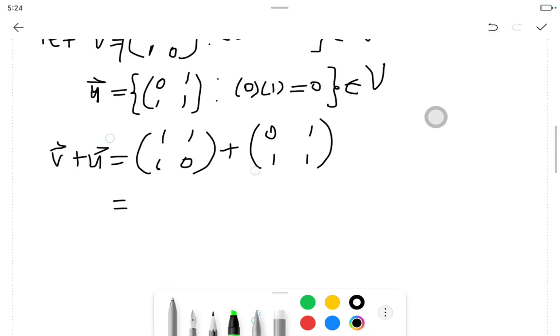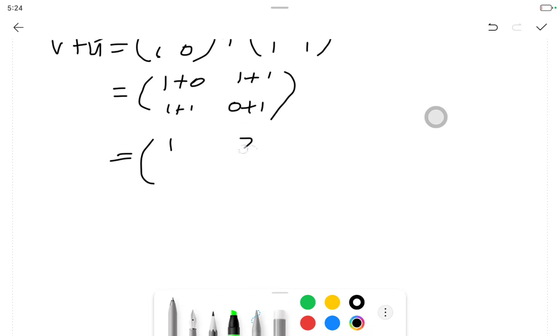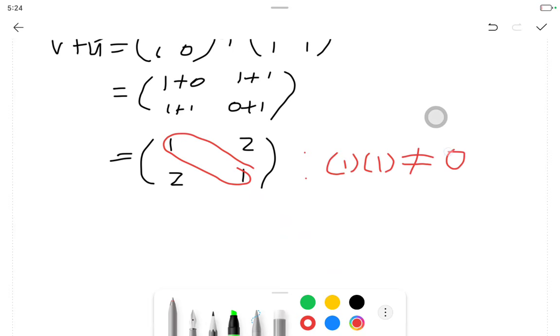Then this will be 1 plus 1. So I can use 1 plus 0, 1 plus 1, 1 plus 1, 0 plus 1. And this will be 1, 2, 2, 1. But when I multiply this, see, right, 1 times 1 is not 0.